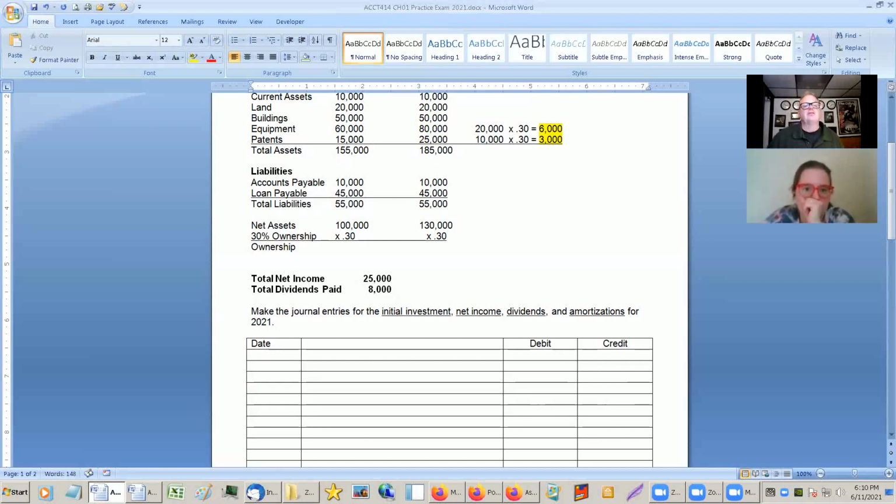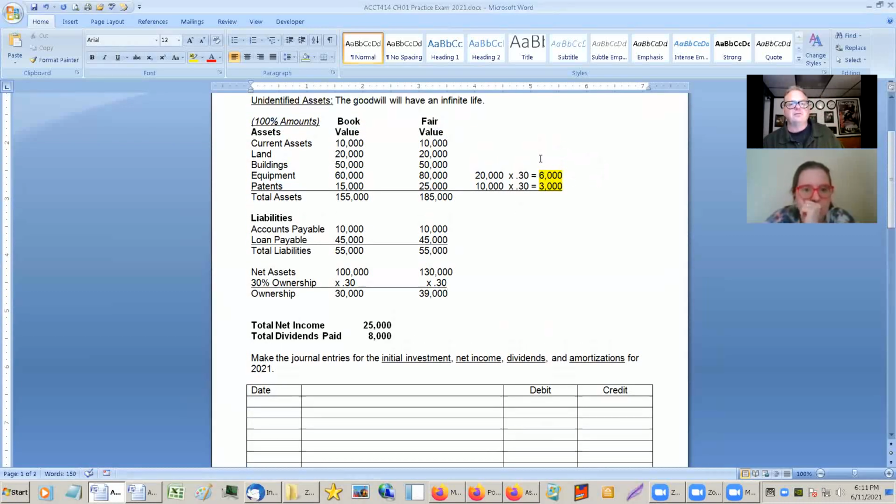So the ownership in dollars for this would be 30,000 at book value and 39,000 at fair value. And these are the identified assets.